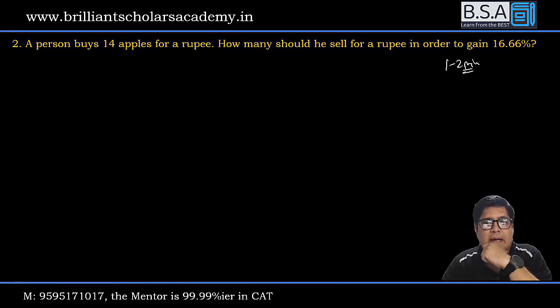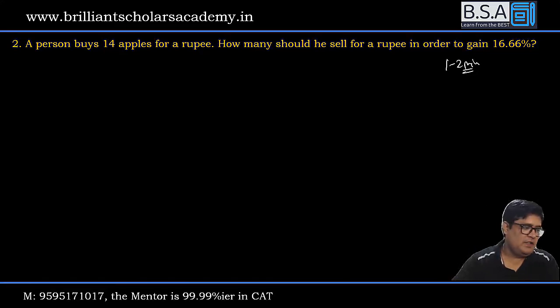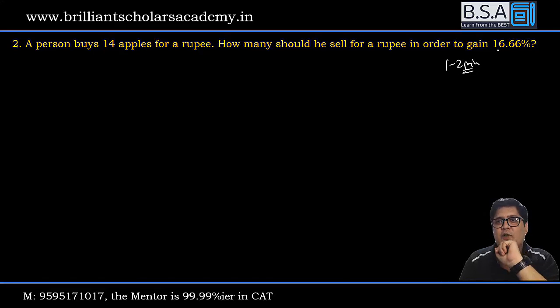A person buys 14 apples for a rupee. How many should he sell for a rupee in order to gain 16.66%?